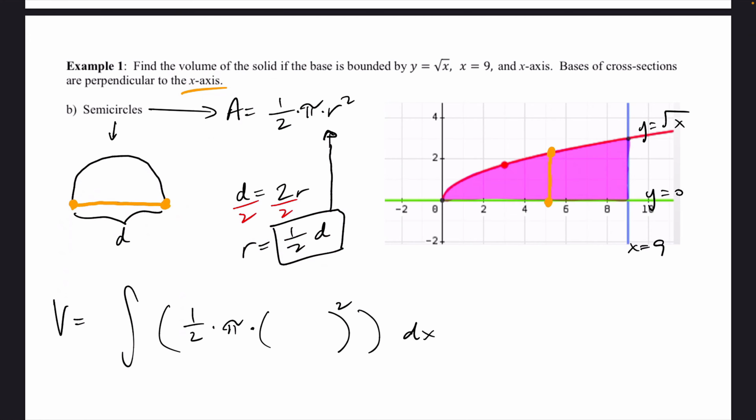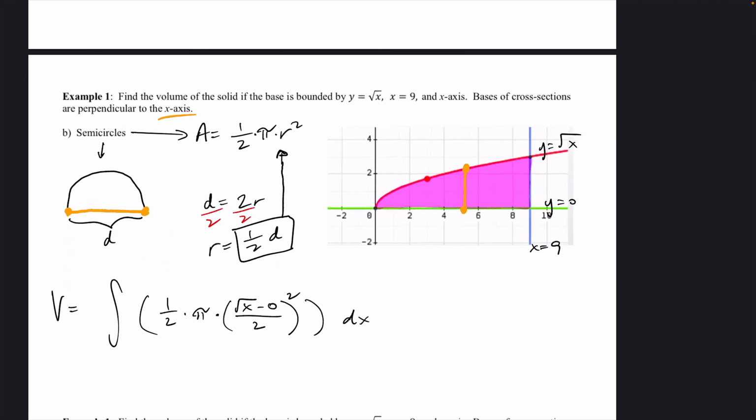What is the diameter going to be for those half circles? Root x minus 0. So it's going to be root x minus 0 divided by 2, which is just root x over 2, and if you square it, it would just be x over 4. I'll simplify a little bit more.